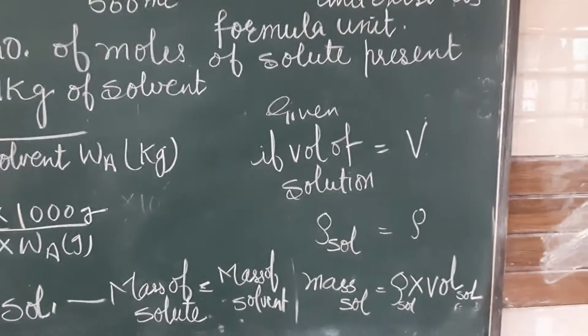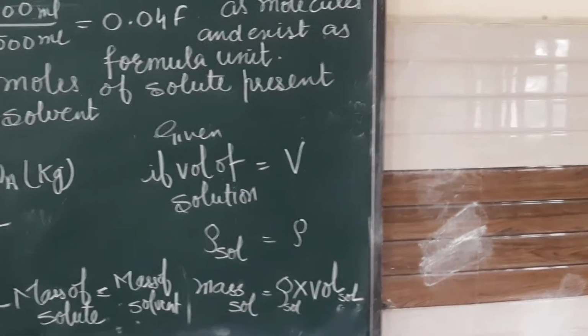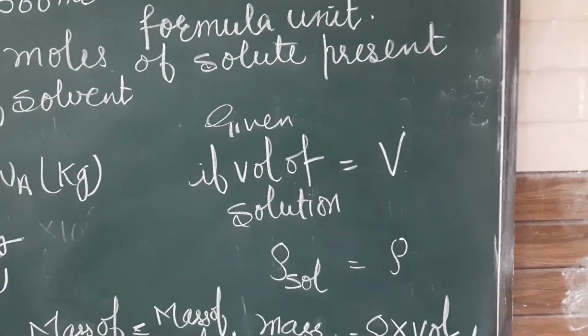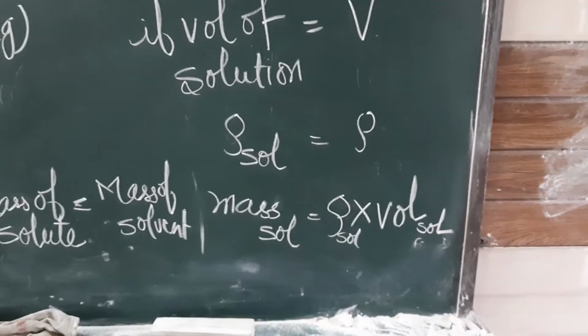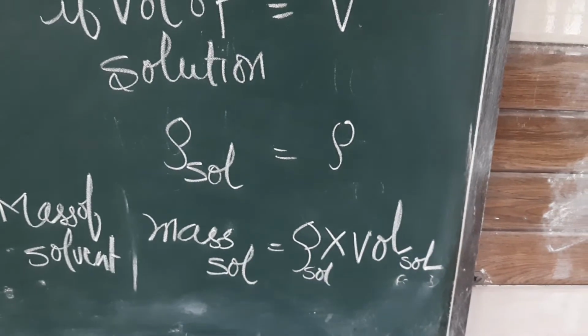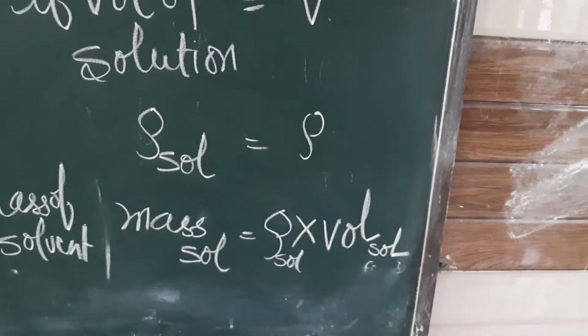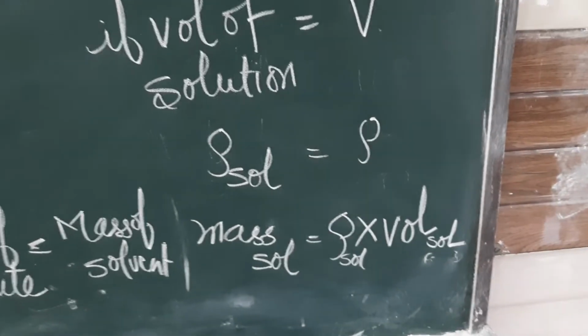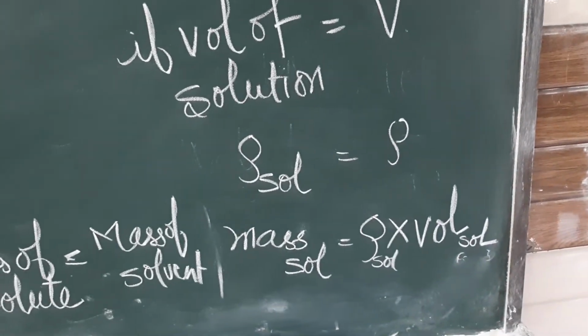In a numerical, if the volume of solution and density of solution are given, but the solvent mass is not given, then what do we have to do? First calculate the mass of solution, that is density into volume. We know the formula of density: density of solution is equal to mass upon volume.